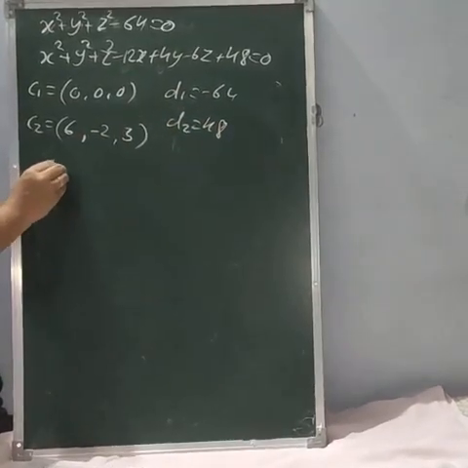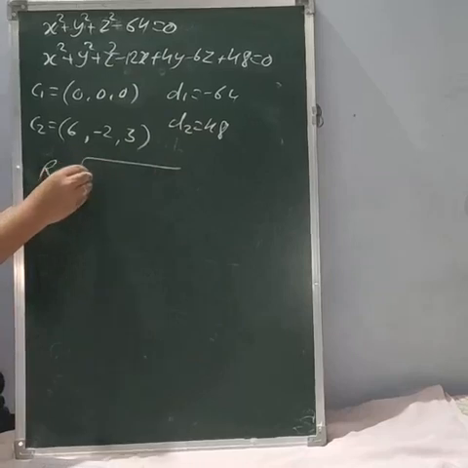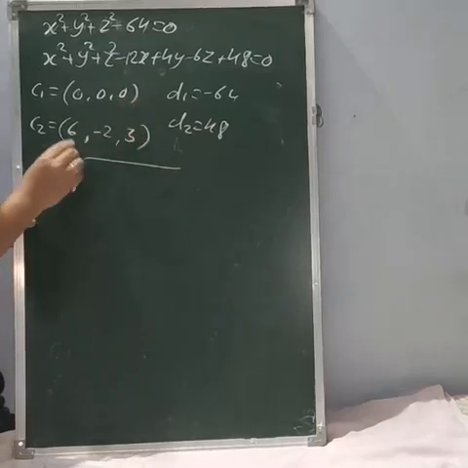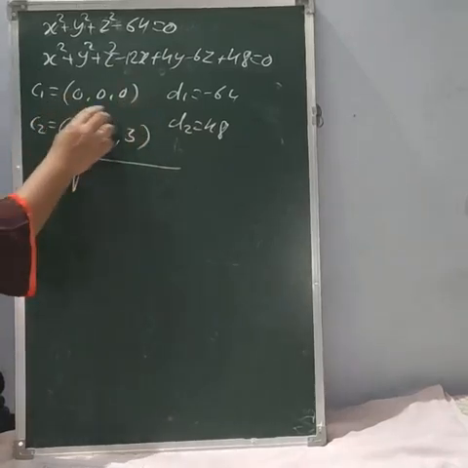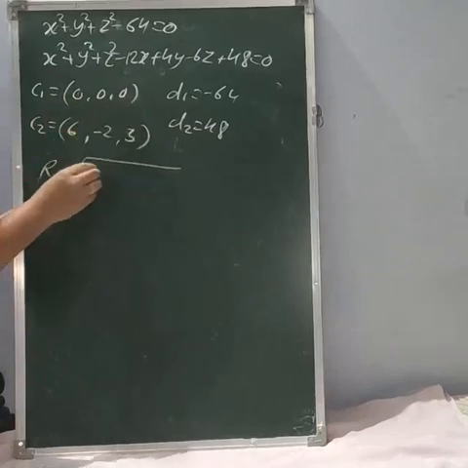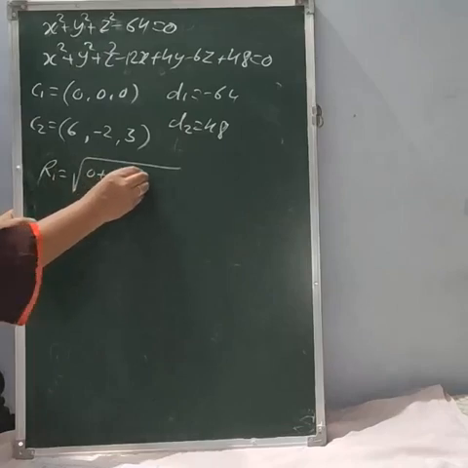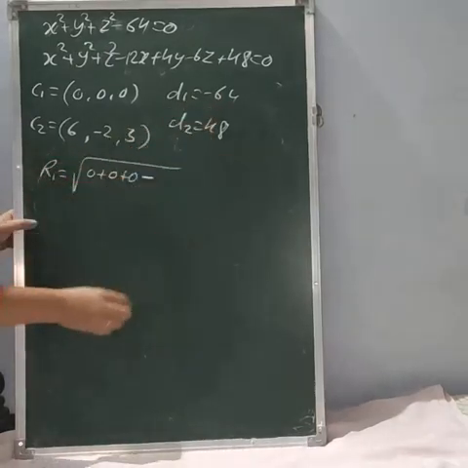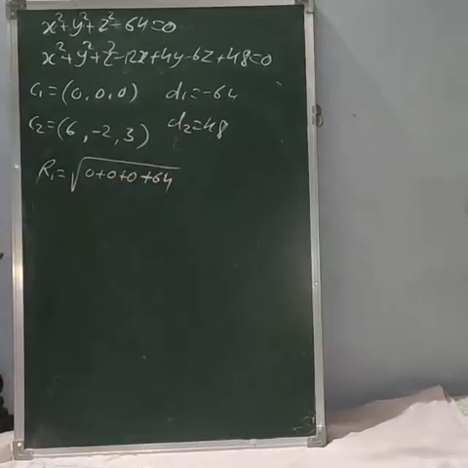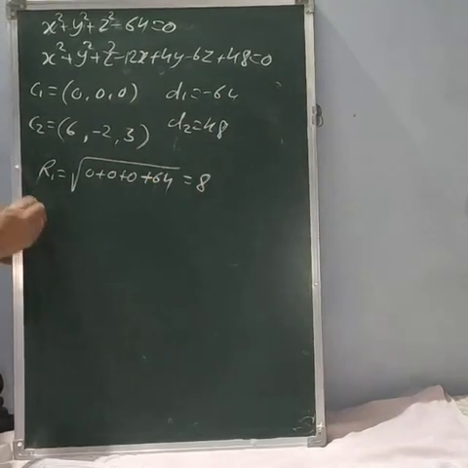So what is R1? You will get square root of u1 square plus v1 square plus w1 square minus d1. Here u1, v1, w1 are 0. So you will get 0 square, that is 0, plus 0 plus 0 minus d1. d1 is minus 64, so it is plus 64. So root 64, we know that root 64 is a perfect root and the value is 8.